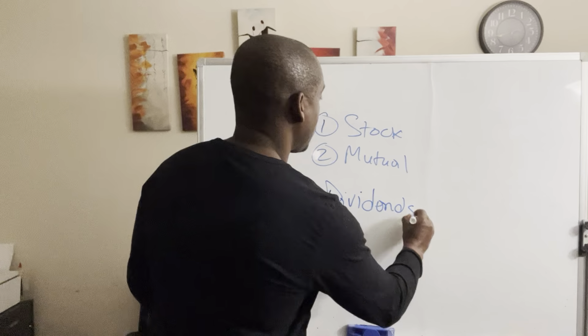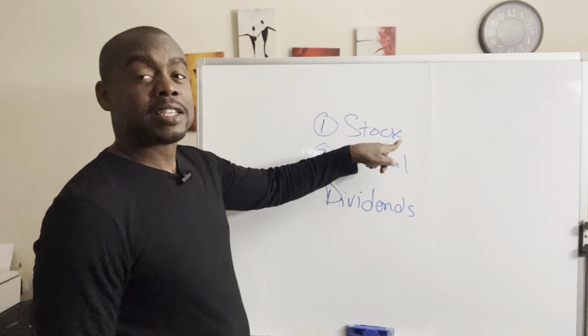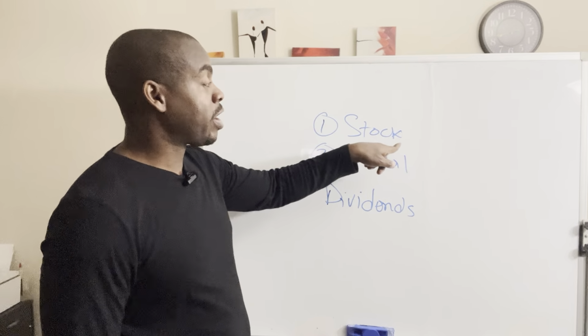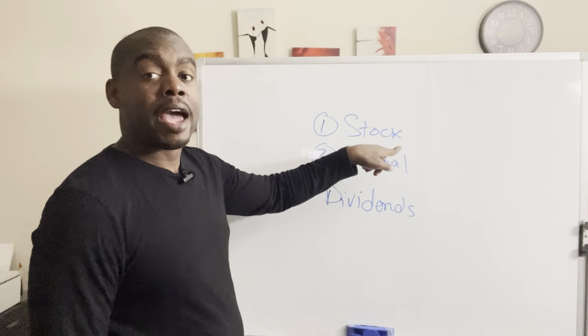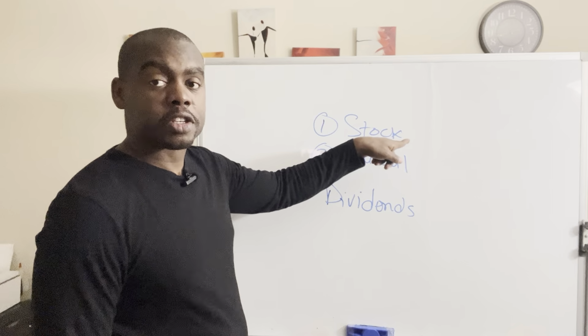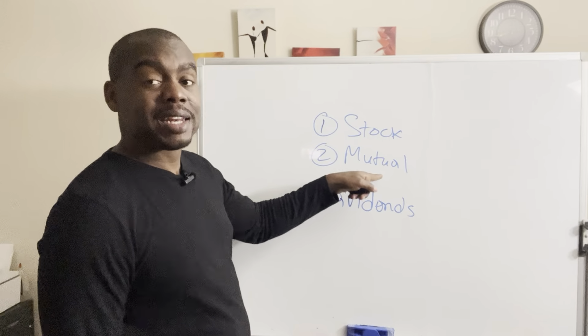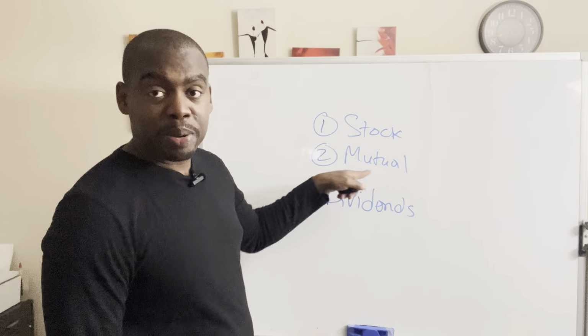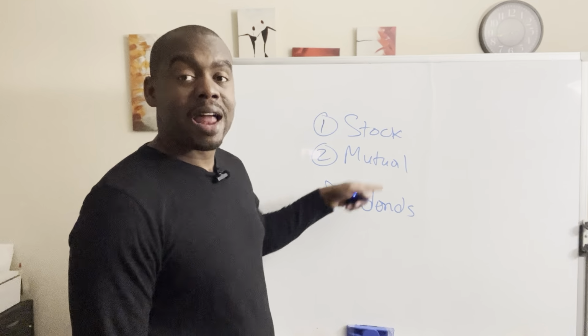Okay? So, just like a stock company, some of them actually pay dividends to their shareholders. Now, in a mutual life insurance company, they definitely pay dividends to their policy owners.